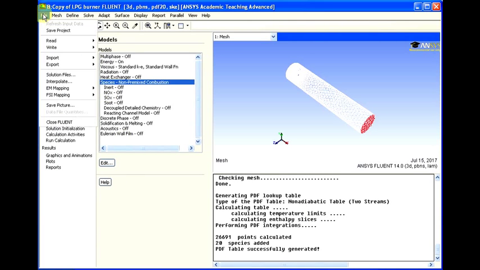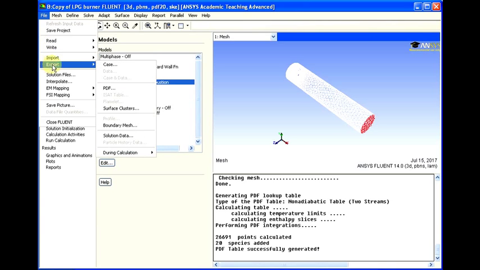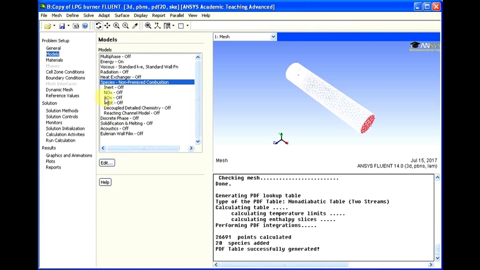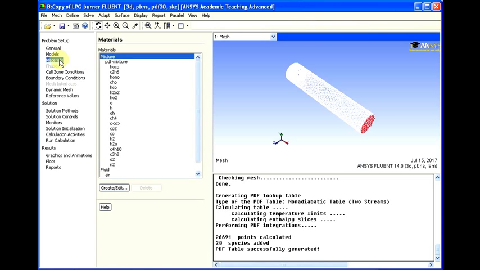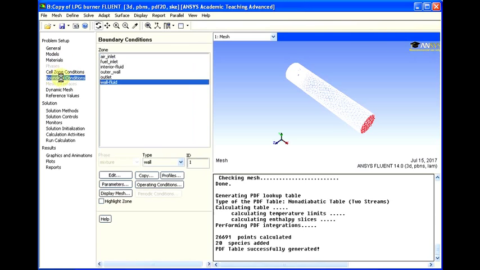Now we can write or export our PDF in case we need to use it next time for any simulation. We can also use other models like the NOx emission model. We check the materials, and we can see the PDF mixture is already there.